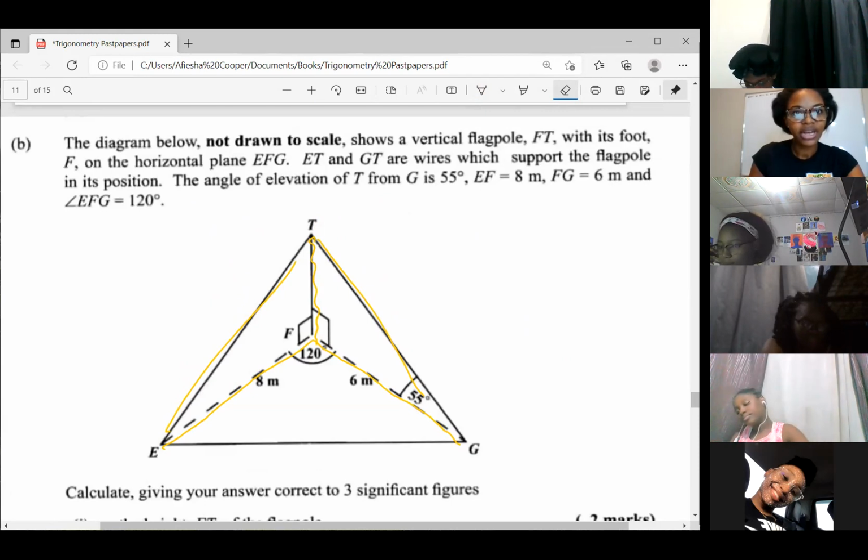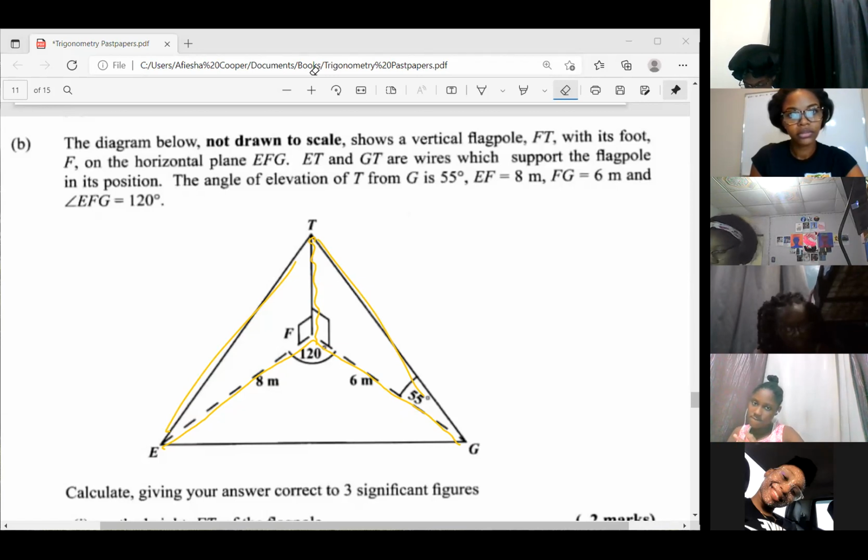So we could use which triangle? How many triangles are there? 3. What's the first triangle?